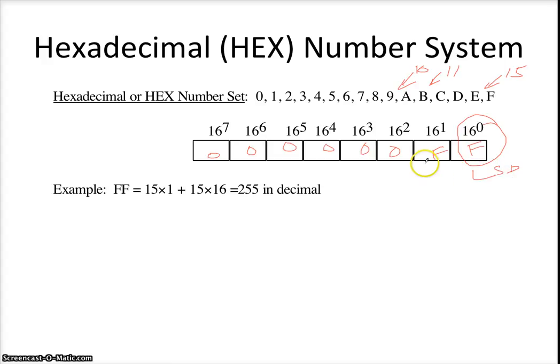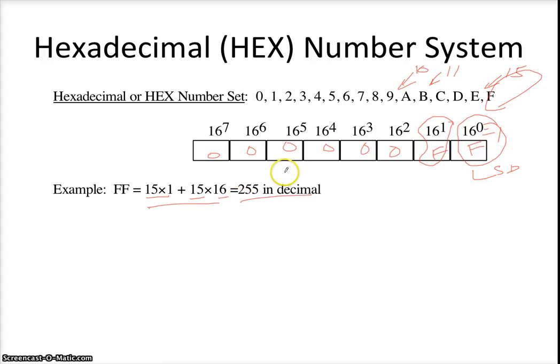The least significant part will be F times 16 to the 0th power. 16 to the 0th power is equal to 1. We know that F is 15, so that's 15 times 1, plus you have F times 16 to the 1st power. You know what F is. F is equal to 15. So 15 times 16 to the 1st power. You add these two numbers together, and that'll give you 255 in decimal.